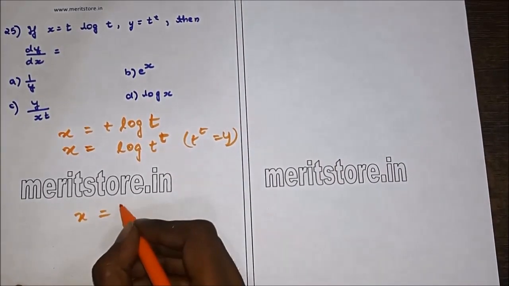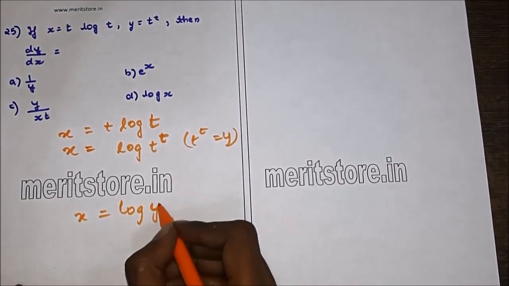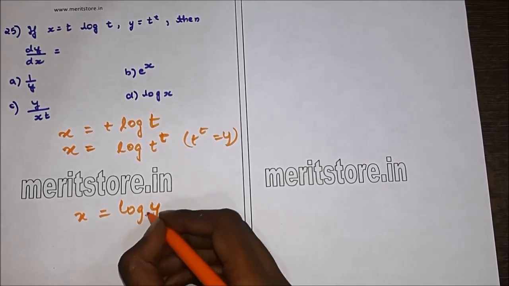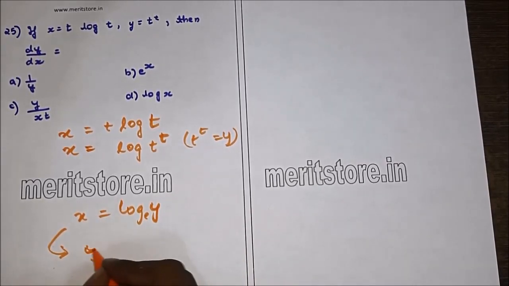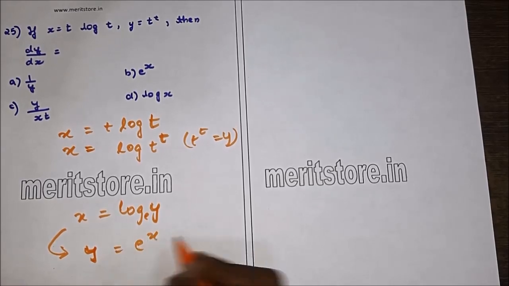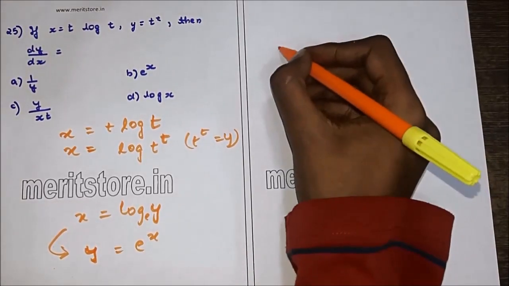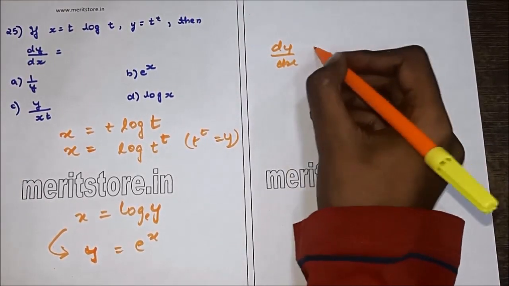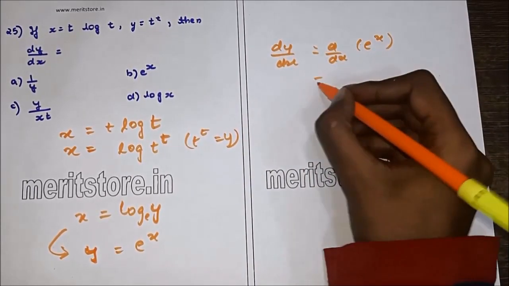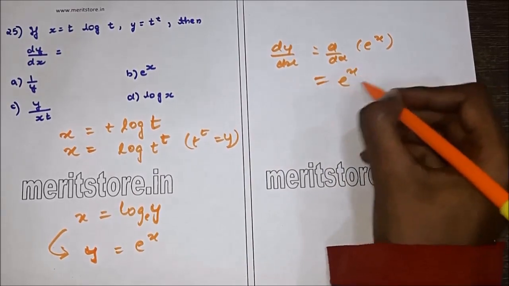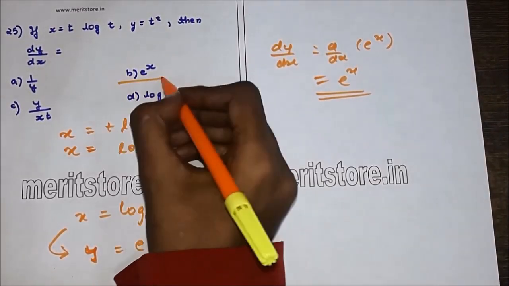Therefore x is log y to the base e. So alternatively y is e raised to x. So now we differentiate with respect to x. So we get dy by dx is d by dx of e raised to x, which is the same as e raised to x. So the answer is B, e raised to x.